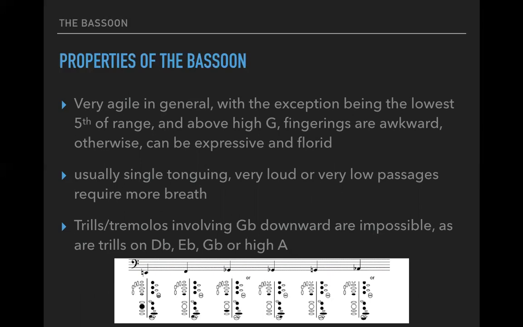Down in this low register, you don't want to be writing too much, because the fingerings are so awkward that you should stay away from that. In fact, if you want that kind of sound in that register, that might be a good reason to use the contrabassoon. You'd write that up an octave, and it actually would be quite playable on the contrabassoon in that specific register.